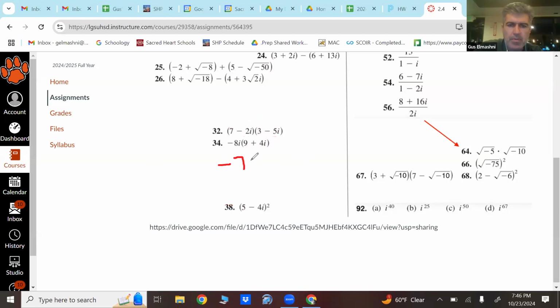Here, distribute. Remember, i squared is -1. So it's 32 minus 72i.